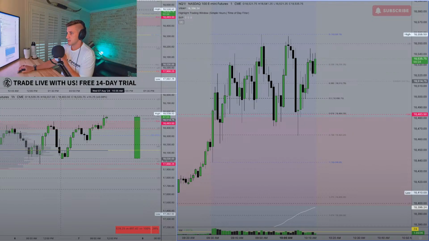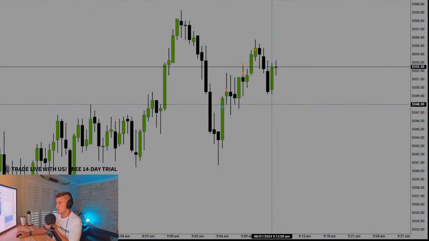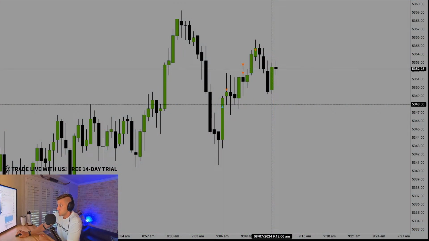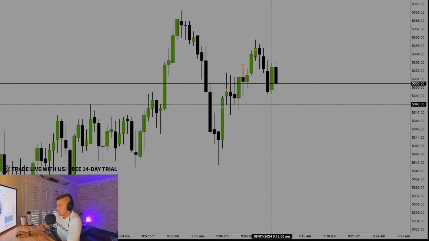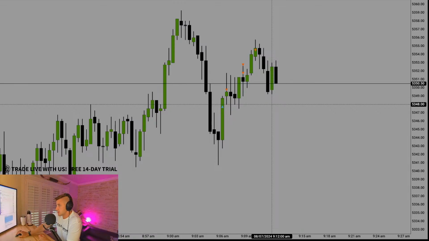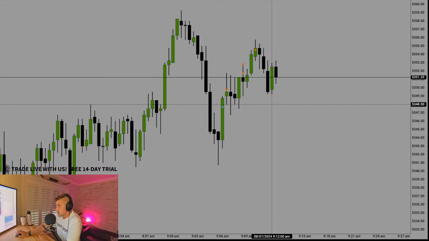NQ, or excuse me, the ES trail has been moved just below that structure there, and it's about to be taken out. Decent setup, decent play. Still in some runners for now.